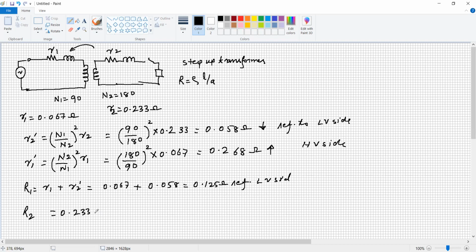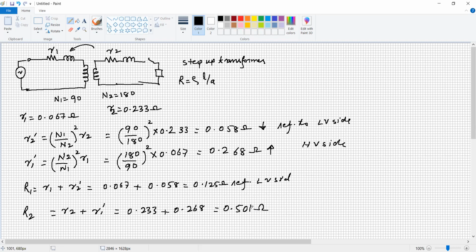Now if the same resistance is referred to the secondary side, the resistance is 0.233 as it is, plus the referred one. So here it is R2 plus R1', that is equal to R2, which is 0.233, and the referred resistance is 0.268, which is equal to 0.5 ohm.